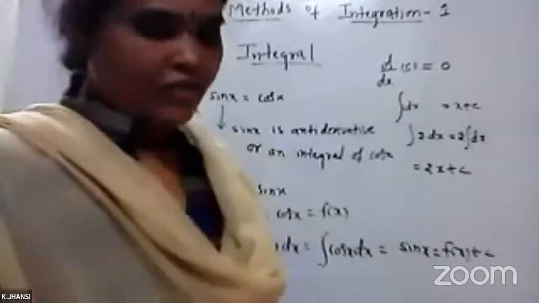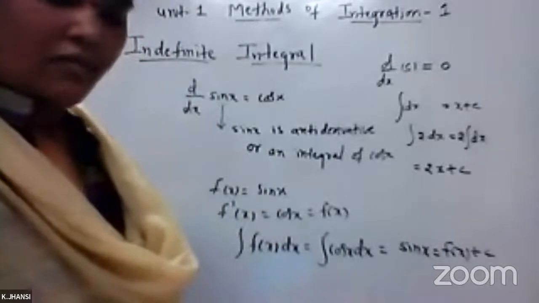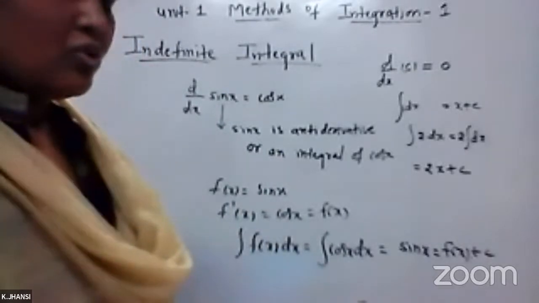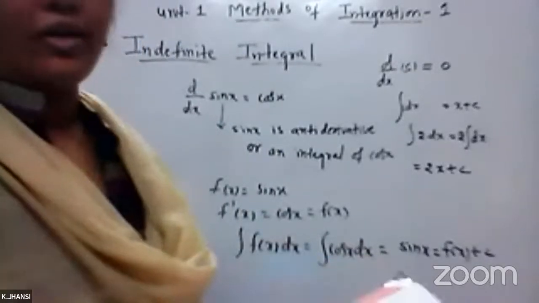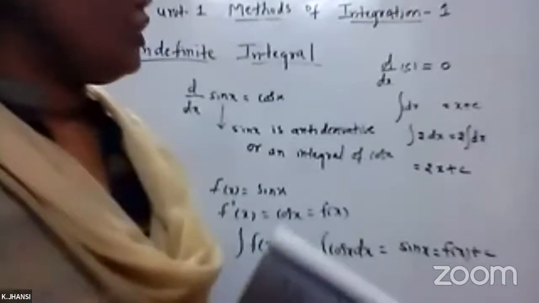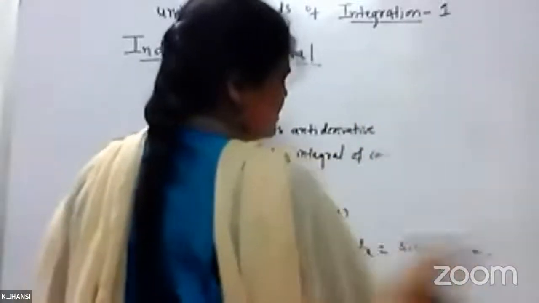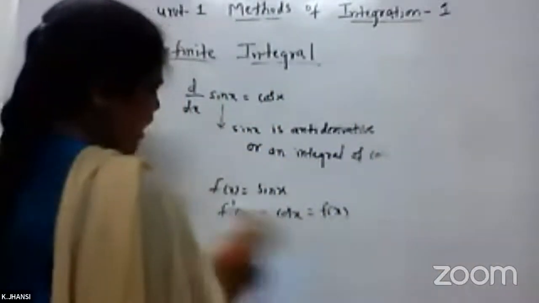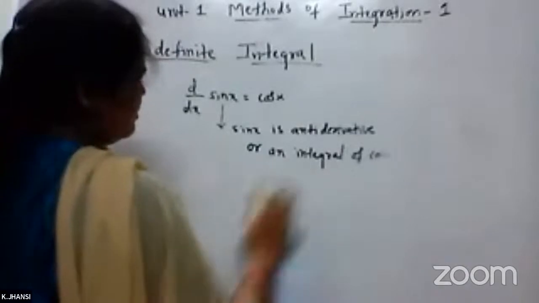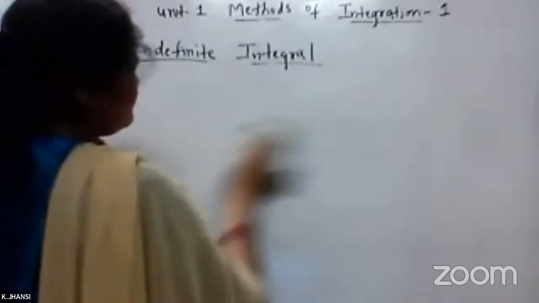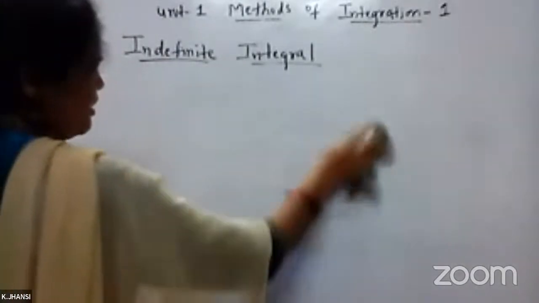Besides these 13 formulas, I am giving some more. The proofs of all these formulas are in your textbook, such as how you get cos x from sin x, sin x from cos x, or secant square x from tan x.